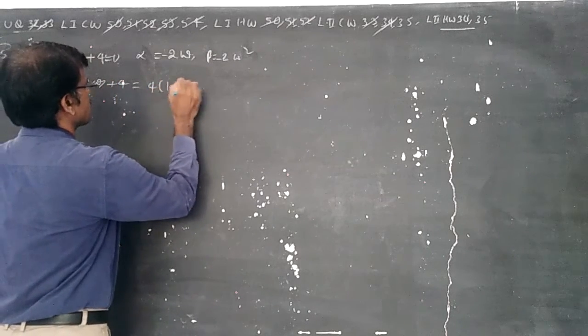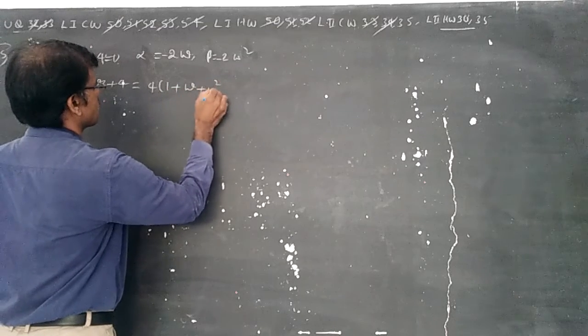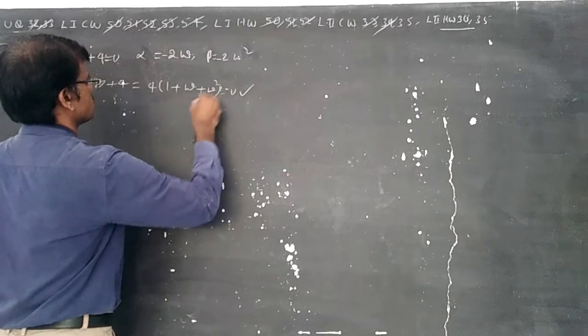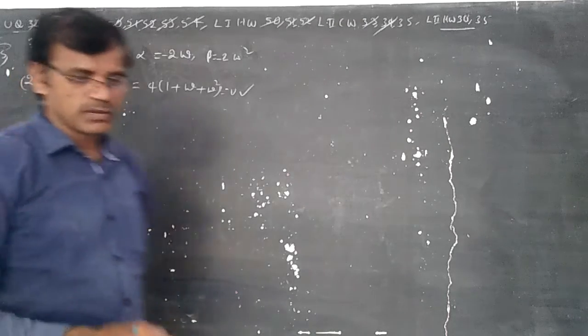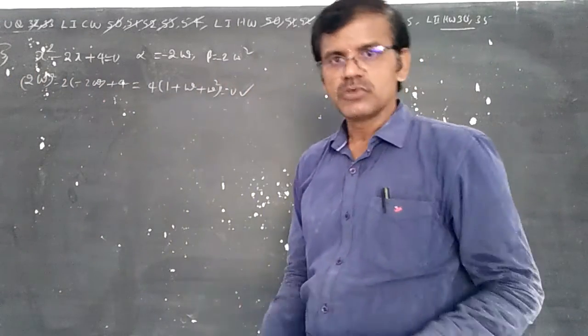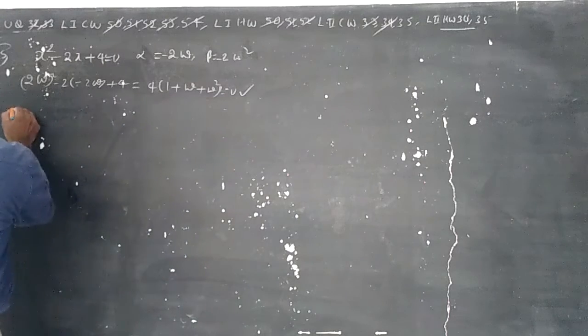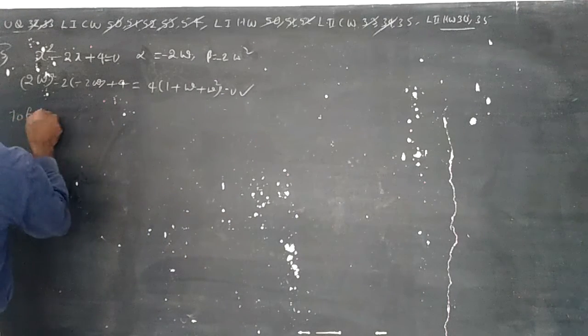So 4 taken common, 1 plus omega plus omega square equal to 0. In the similar way, you substitute minus 2 omega square, it is 4 omega power 4, it is also 0. So alpha is equal to minus 2 omega and beta is equal to minus 2 omega square. You need to calculate alpha power n plus beta power n.